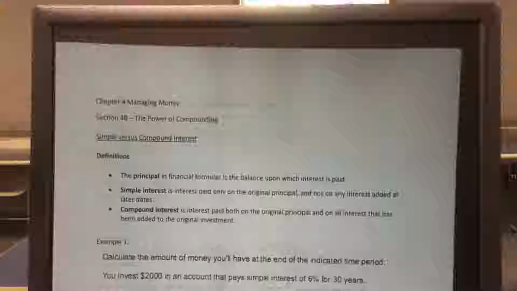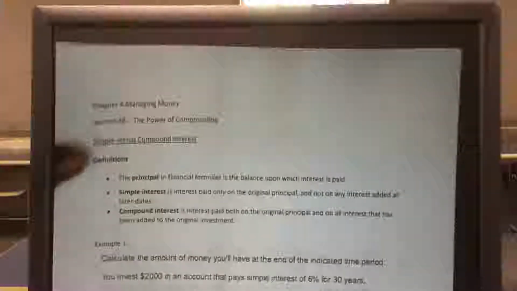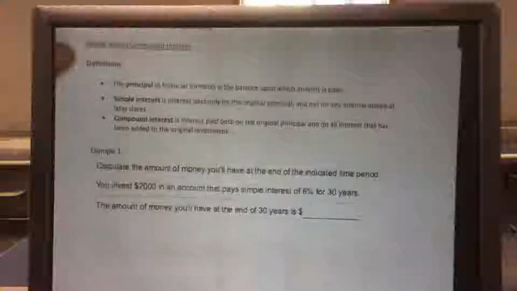Compound interest is going to be interest paid on both the original principal and on all interest that has been added to the original investment. So that's the difference between simple interest and compound interest. Now these first two examples deal with simple interest.